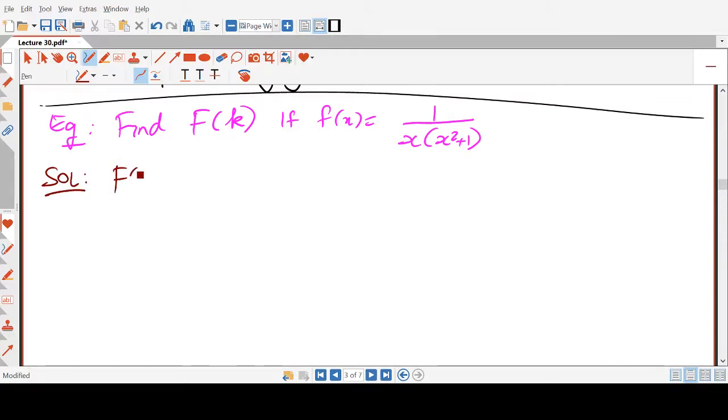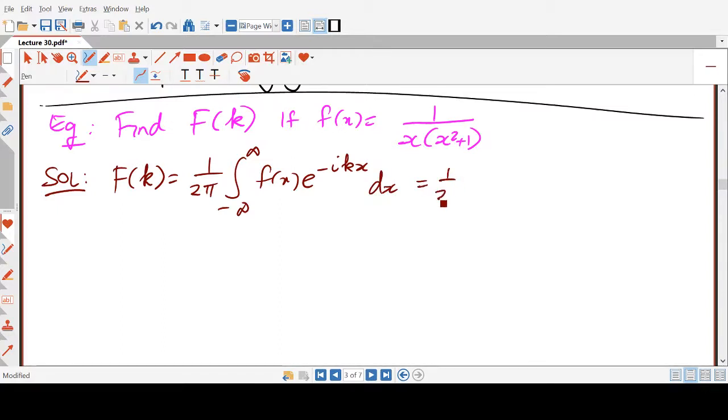So, what is the result? F of k is 1 over 2 pi integral minus infinity to plus infinity f of x e to the minus I kx dx.